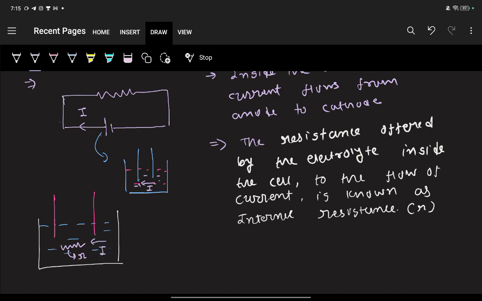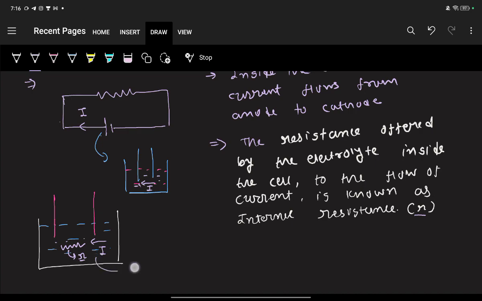So this solution offers some resistance. That some resistance is nothing but our internal resistance. So it is the internal resistance of a cell due to which its voltage drops on drawing current from it. It is denoted by symbol small r, and its unit is ohm as usual.